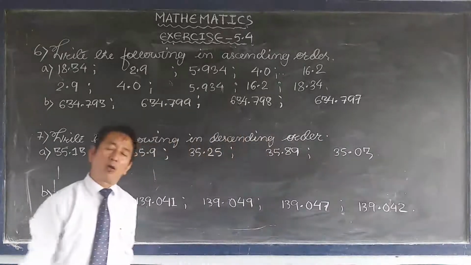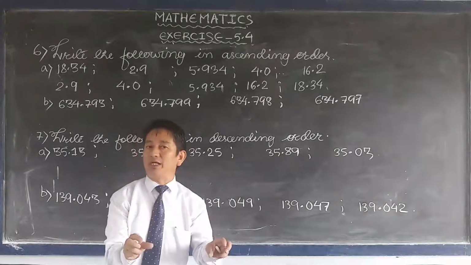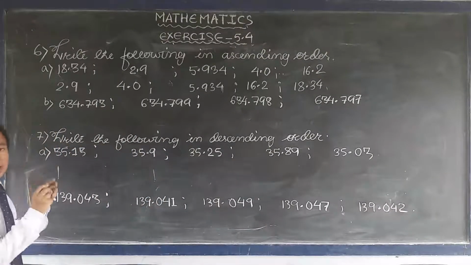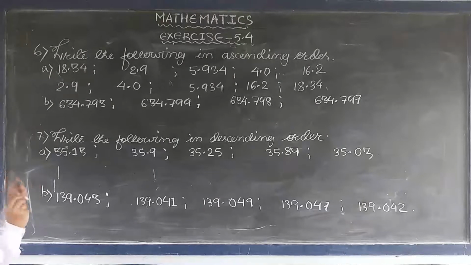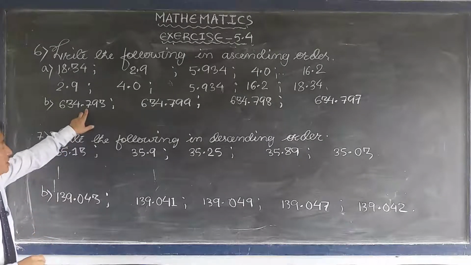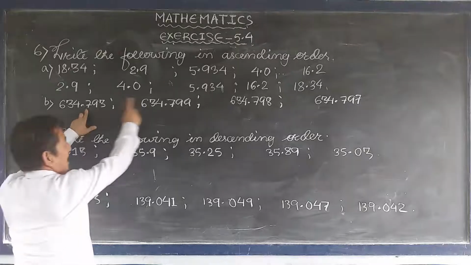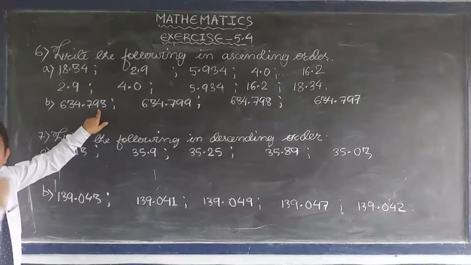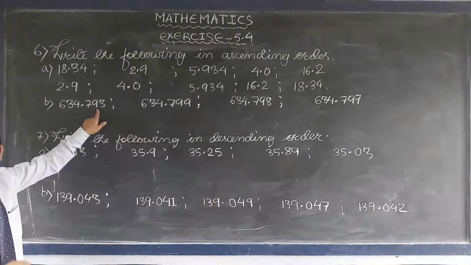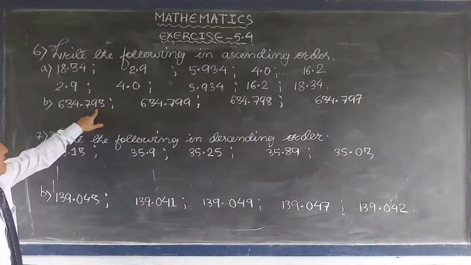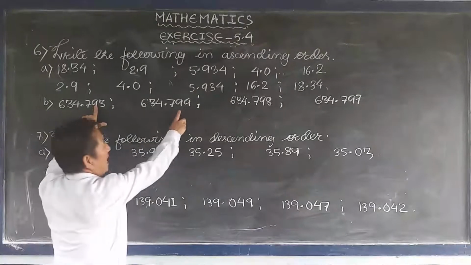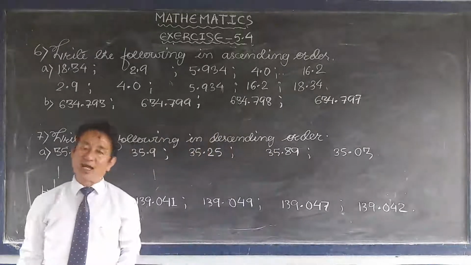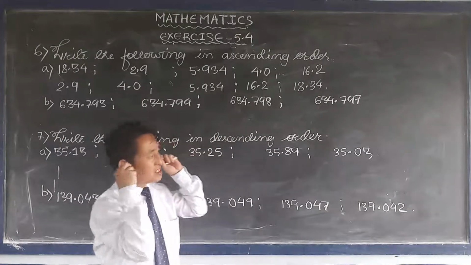All these numbers have the same digit, 7, in the tenth place. Now we'll compare the second digit after the decimal point, the digit in the hundredth place. 9, 9, 9, 9. The second digit is also the same.